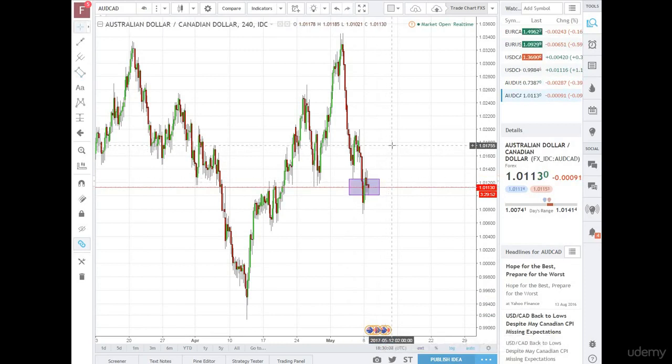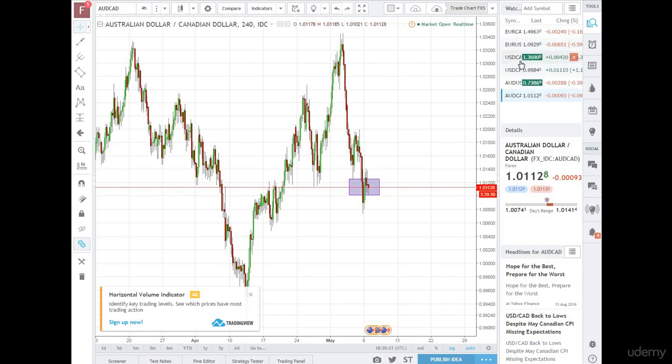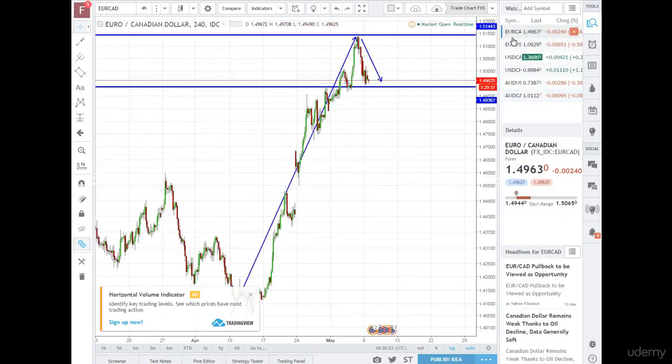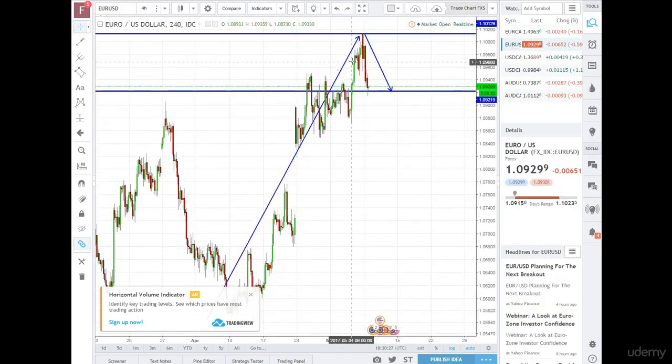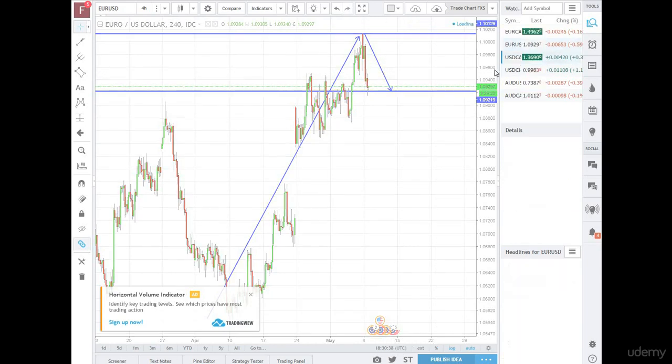Therefore, the definition of positive correlated currencies is where the direction of price is moving in the same direction: Euro CAD moving bearish, Euro US dollar bearish. The negative correlation of price is where one moves bearish and the other one moves bullish.